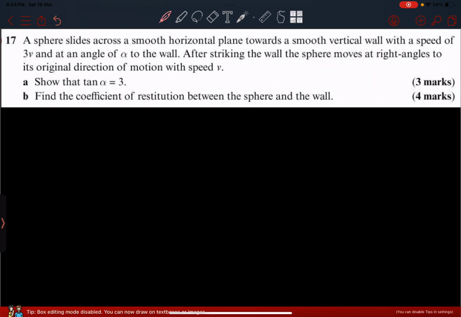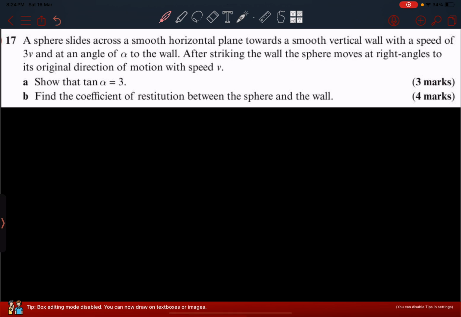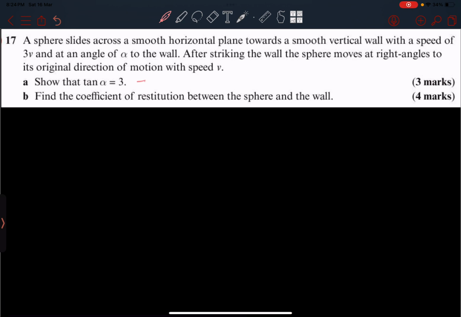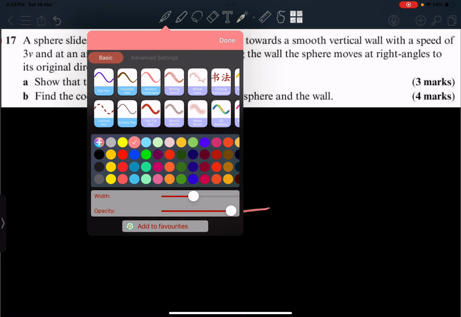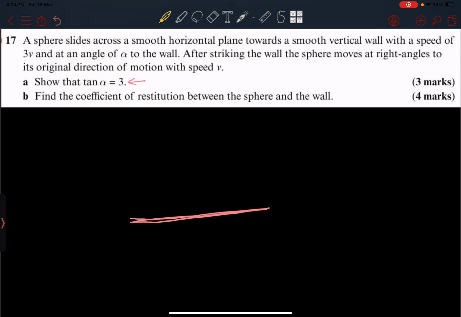What I like about questions like these is it says you have to show that tan alpha is 3, so we know where we're heading. That's a pretty big advantage, because you know if you got it right or if you are off somewhere.